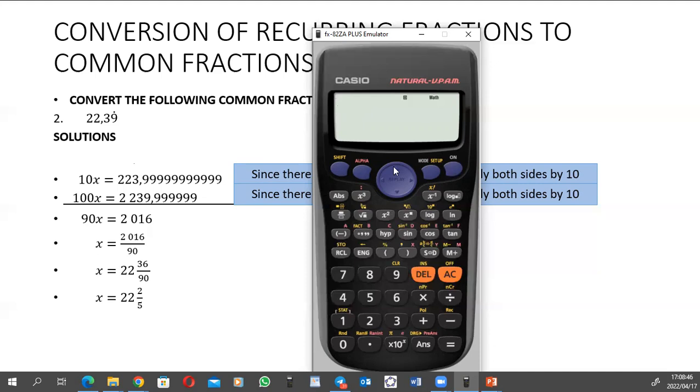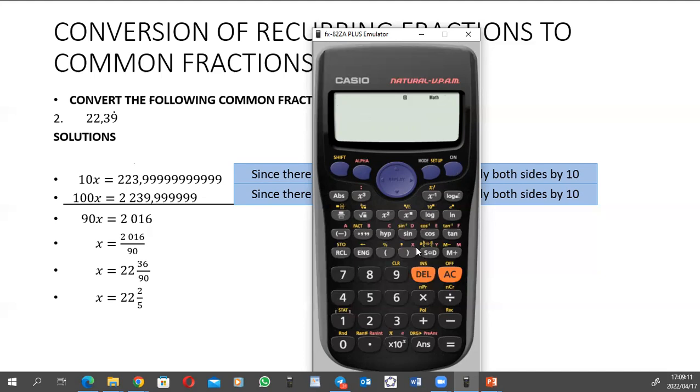Let's try again. All right, my calculator is just rounding it off, and it's not supposed to round it off.